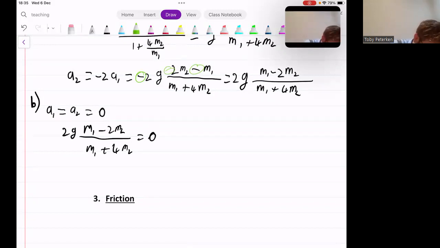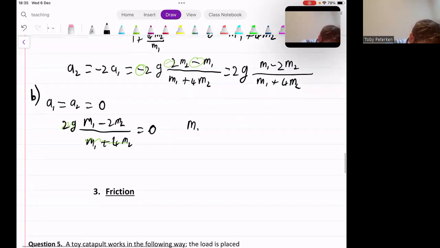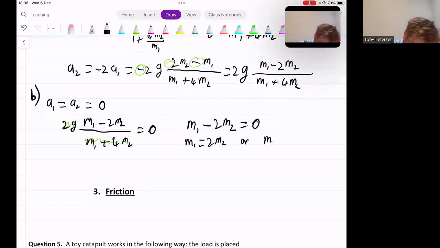Well, G is positive, so we can ignore that. The denominator is positive, so that's never 0. So we need the numerator to be 0. So we need M1 minus 2M2 to equal 0, which is M1 equals 2M2, or equivalently, M2 equals M1 over 2.